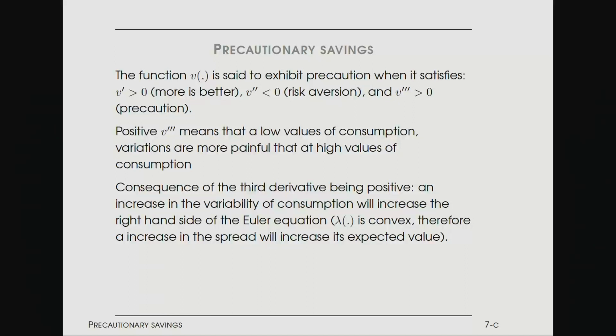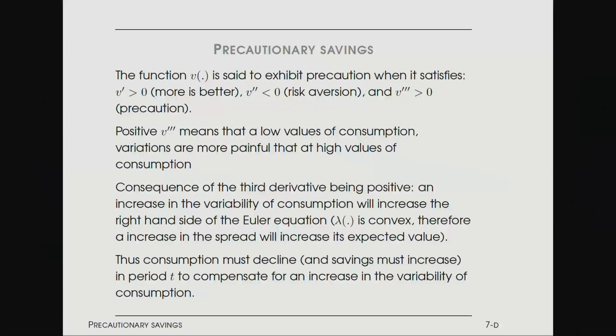The consequence of the third derivative being positive is that an increase in the variability of consumption will increase the right-hand side of the Euler equation. That means that consumption must decline and savings must increase if people aren't able to borrow to compensate, in period T, for an increase in the variability of consumption. That's just restating what you told us.